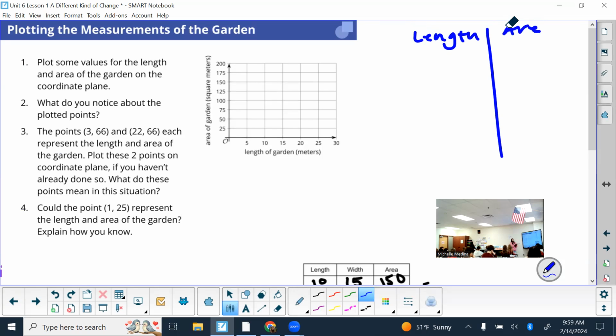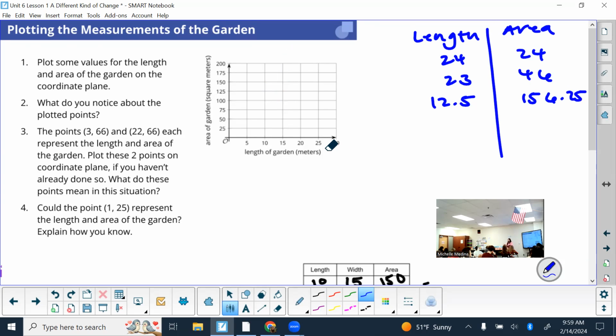So from our first table, take some of the lengths and areas that we had, like 24 and 24, or 23 and 46. Those are the ones I'm remembering off the top of my head. And you're gonna plot those coordinates on here.